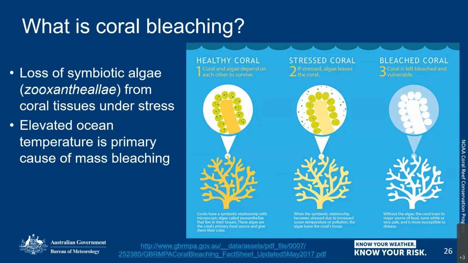Now, there are several factors that can stress a coral relating to temperature or maybe salinity or even too much light, but what we're focusing on today is mass coral bleaching, which is always caused by elevated ocean temperature. So even though you can get small-scale bleaching in isolated reefs based on other stressful factors, mass coral bleaching that occurs over regional scales is always caused by elevated ocean temperatures.